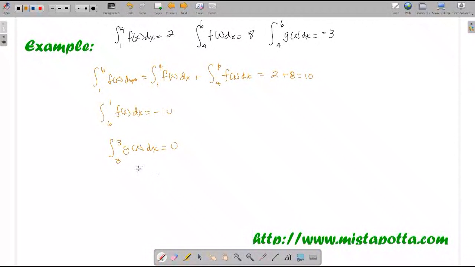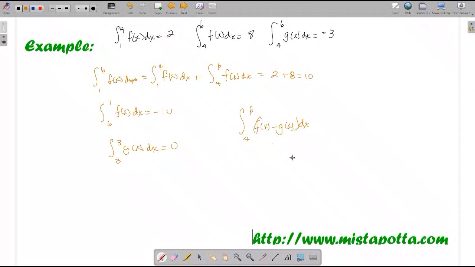And one last thing that I could do is estimate the integral from 4 to 6 of f of x minus g of x dx.